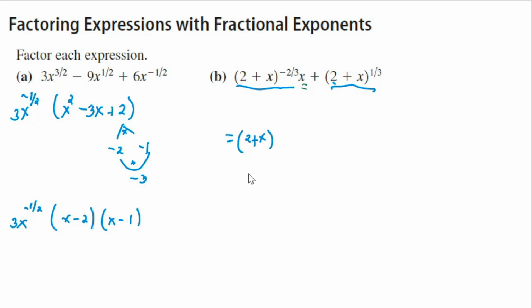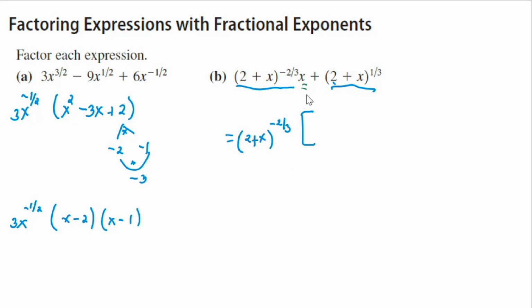with the lowest exponent, which is now negative 2/3. Comparing negative 2/3 and 1/3, of course, the negative sign and the other one is positive, so we take the negative, which is the lowest one. So negative 2/3. And then we are going to divide by the common factor.